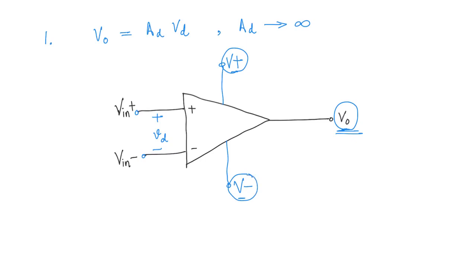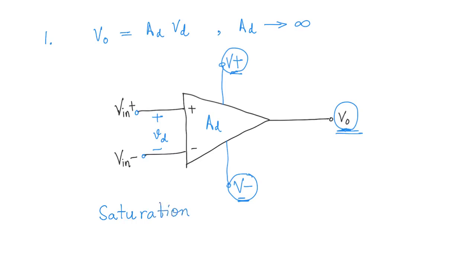So yes, there is a gain, and the gain is infinite, but the output doesn't go to infinity; it is stopped at V plus, and on the negative side it is stopped at V minus. This phenomenon, where the output peaks at the power supplies, is called saturation.